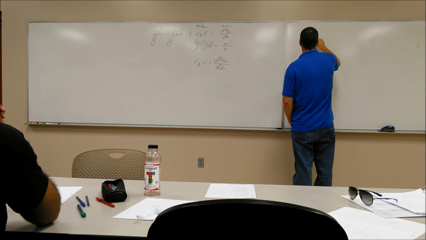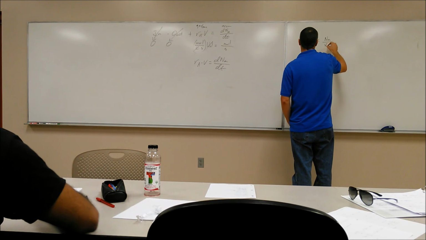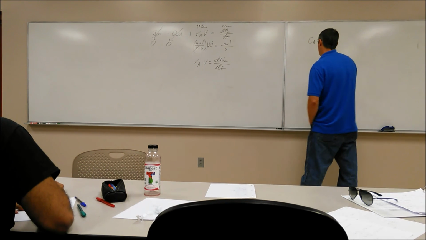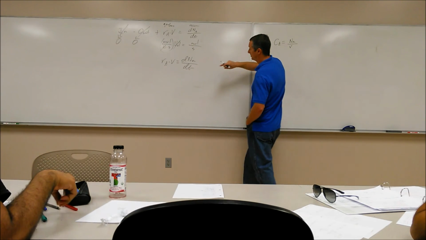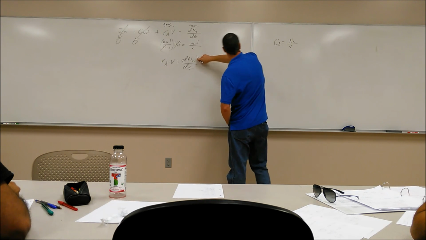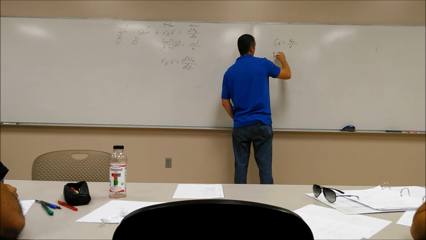You know that CA equals NA divided by V. So if you want to change your variable from NA to CA, you need to rearrange this.